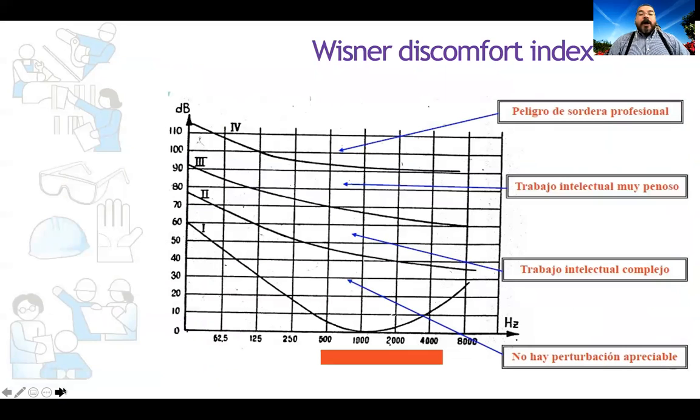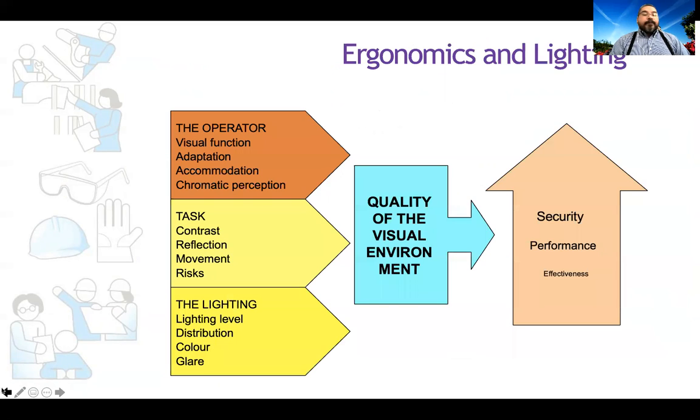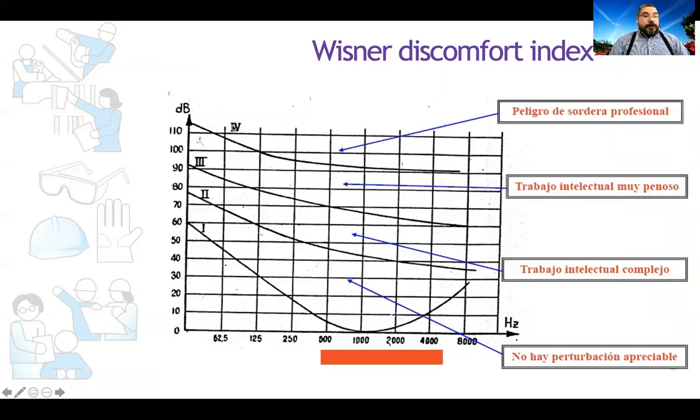Now, we are going to talk about environment. It is very important. The first thing that we are going to analyze is noise. According to the type of work, you should, first of all, measure the decibels of that noise. And in this graph, we can see the dangers of high levels, high decibels in noise.